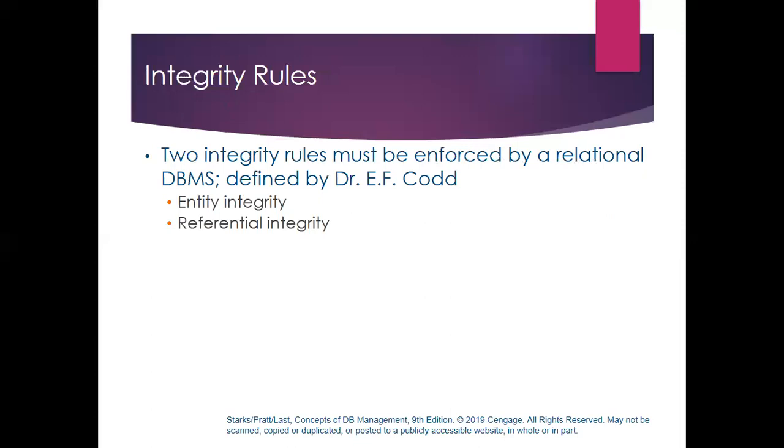The rules are: entity integrity is the rule that no field that is part of the primary key may accept null values. The referential integrity rule enforces the relationships established between the entities. See pages 142 to 147 of the textbook.